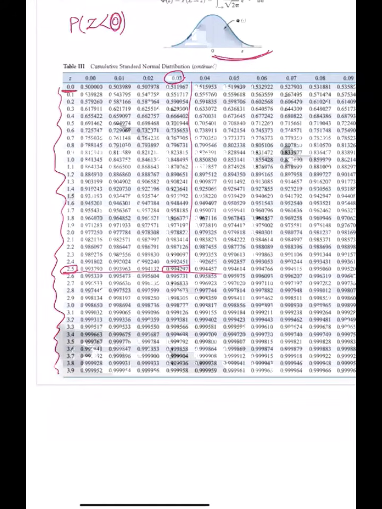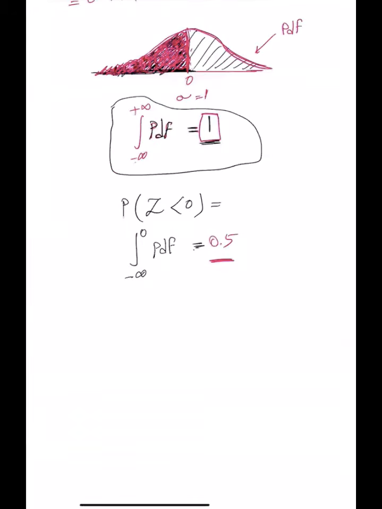And it's basically 0.00, so the after decimal point is 0 as well. So I have to look at this column and this row. And this is the value I want, which is 0.5. We just talked about that even before without looking at the table: if we know exactly what we are calculating, that value is 0.5 because it's just half of this area.